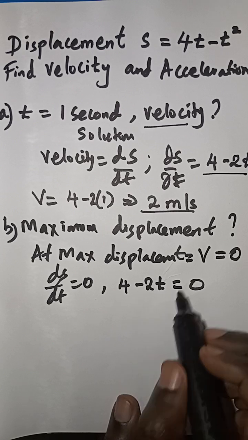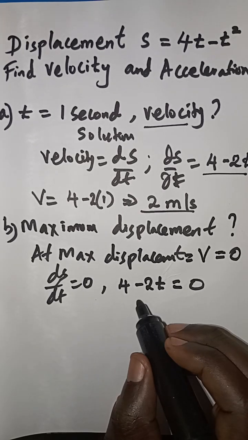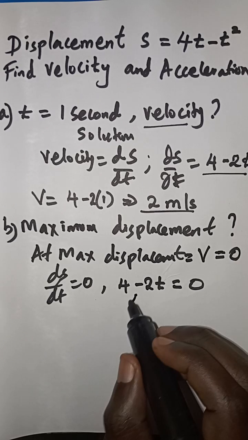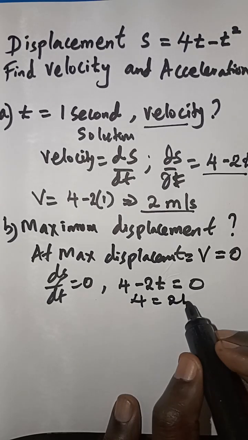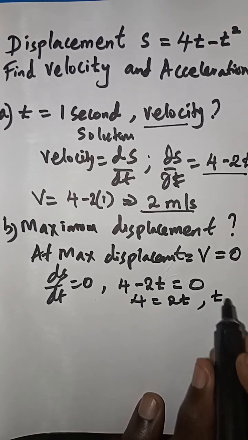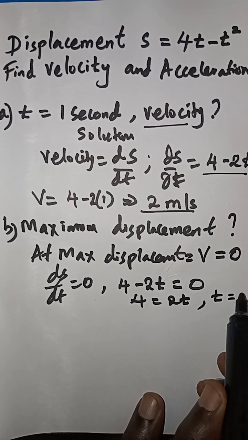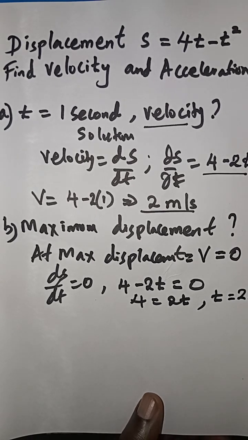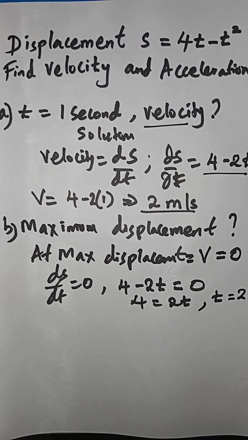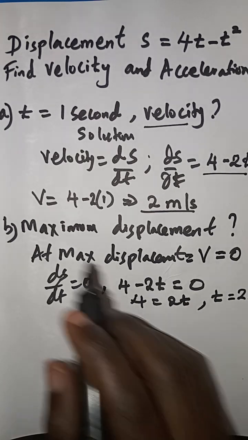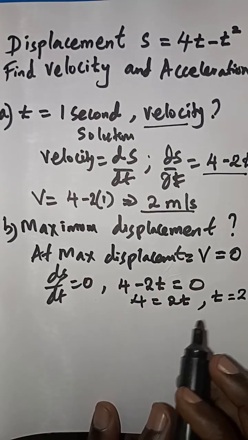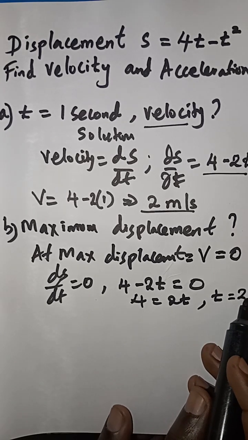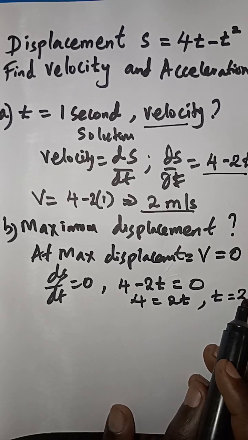Taking this to the other side, I end up with 4 equals 2t, and my t equals 2 seconds. So our body will be at maximum displacement when it is only 2 seconds from the initial starting point.